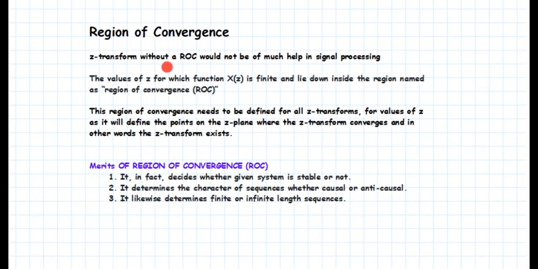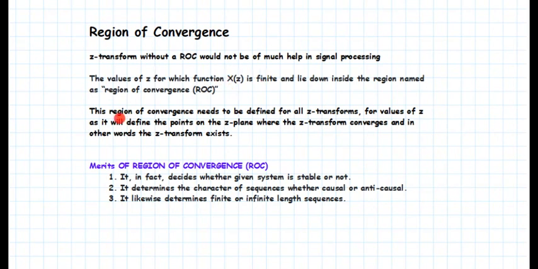So Z transform defined without this region of convergence has no meaning. Region of convergence plays a very crucial role in Z transform. Right, now what is this region of convergence? Region of convergence is those values of Z which keep the Z transform finite. I'll repeat, region of convergence is those values of Z for which the Z transform is finite.